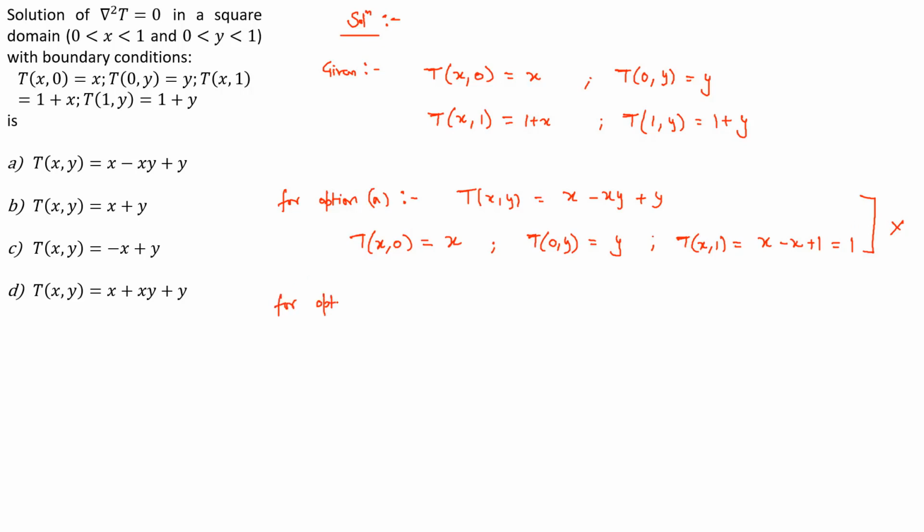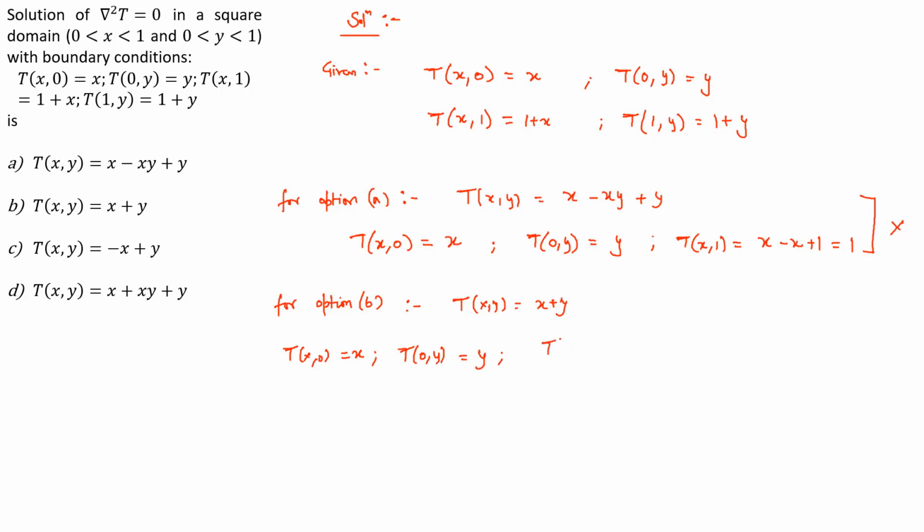Now let's move on to option B. So T of x comma y for option B is x plus y. Now again, T at x is equal to x and y is equal to 0 will simply be x, and similarly the second boundary condition will also be satisfied.